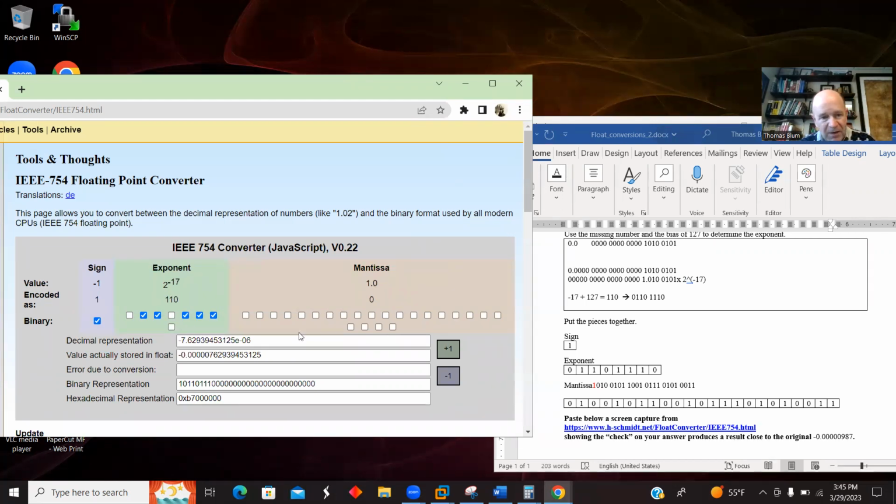Then my mantissa was 0, 1, 0, 0, 1, 0, 1, 1, 0, 0, 1, 0, 1, 1, 1, 0, 1, 0, 1.